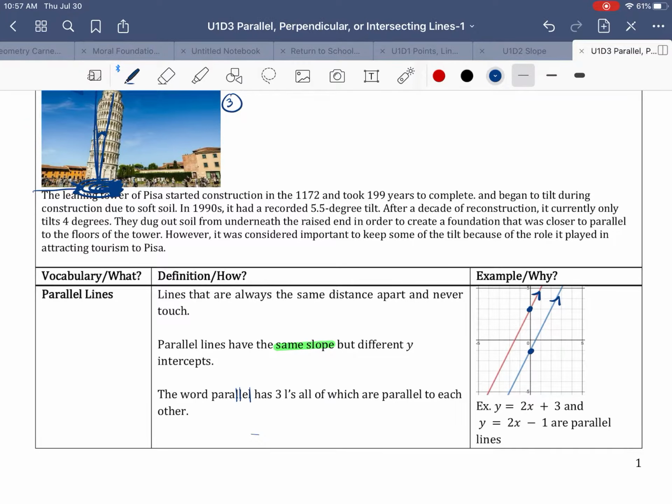Parallel has those 3 L's, they never touch. So if you look at these two equations, 2x plus 3, 2x minus 1, you'll recognize that 2 means that they have the same slope. The 3 and the negative 1 are your different y-intercepts, all right?